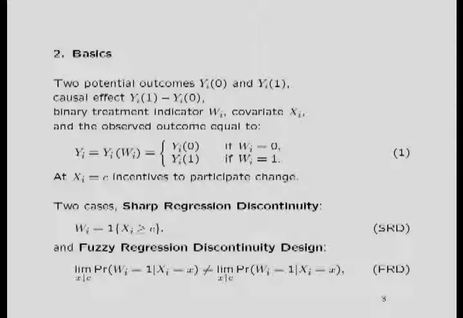And there's a binary indicator wi, which is equal to 1 if the individual participates in the program, and 0 otherwise. What we observe is the triple yi, wi, and xi. And the key thing here is that at a particular value of the covariates, the incentives to participate change.